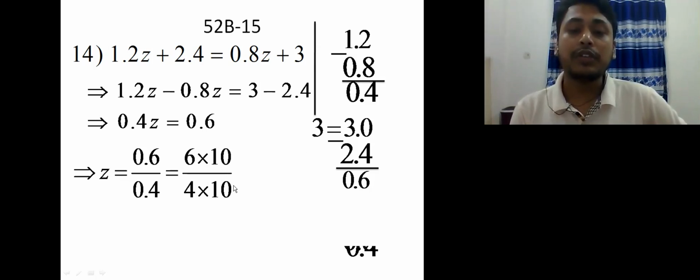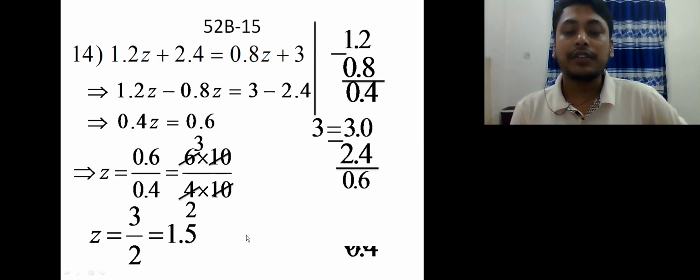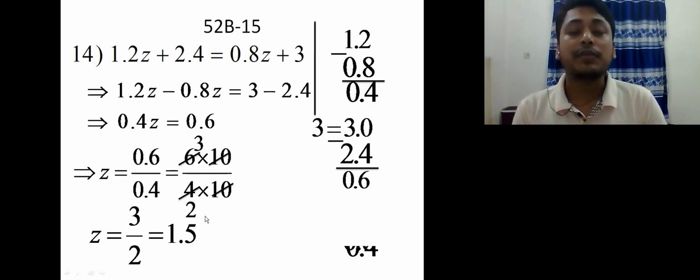Now we can cut the 10s, and also cut 6 and 4 by 2. So the upper one will be 3, the down one will be 2. Now 3 by 2 equals 1.5. Why didn't we write the answer as a mixed number? Because the given question is in decimals.